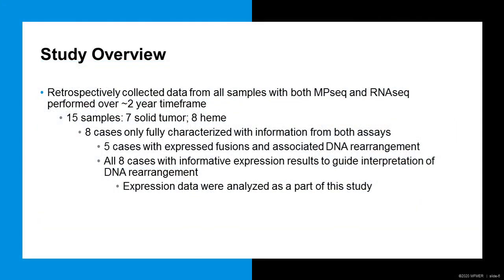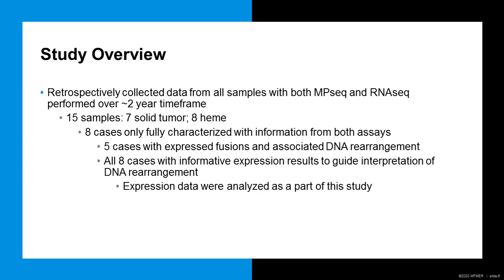In this study, we retrospectively collected data from all the samples that had both mate-pair sequencing and RNA sequencing performed over about a 2-year time frame. We had a total of 15 samples, including 7 solid tumor and 8 hematologic samples. 8 of these 15 cases were only fully characterized with information from both assays. 5 of these 8 cases had expressed fusions associated with a DNA rearrangement detectable by mate-pair sequencing.